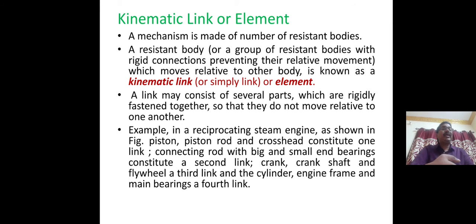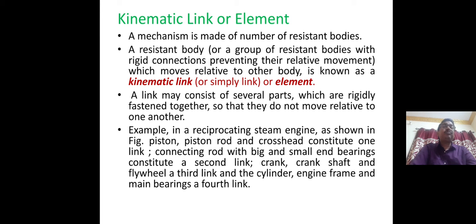The cylinder, engine frame and main bearings are considered as one link. These are a fixed link because there is no motion in the cylinder and engine frame. Like this, different links are available.